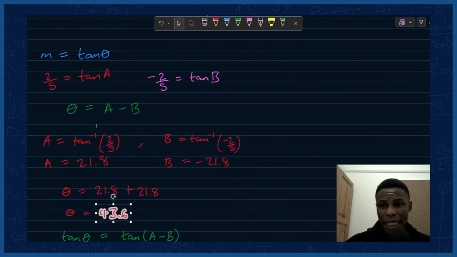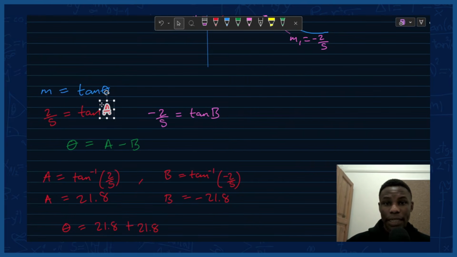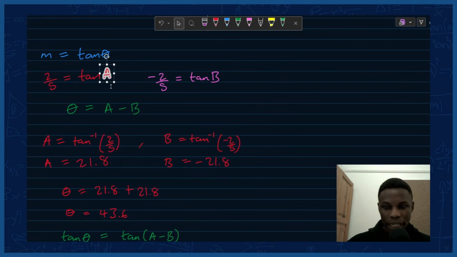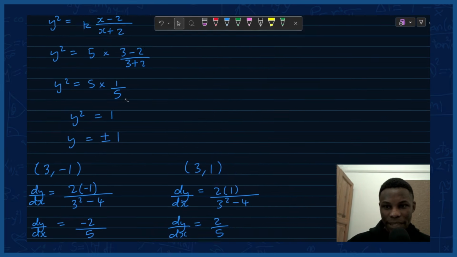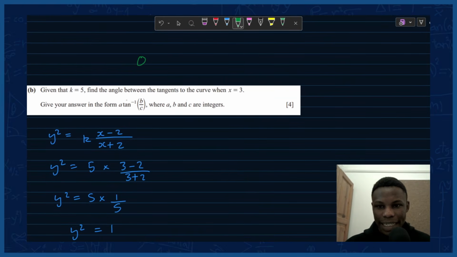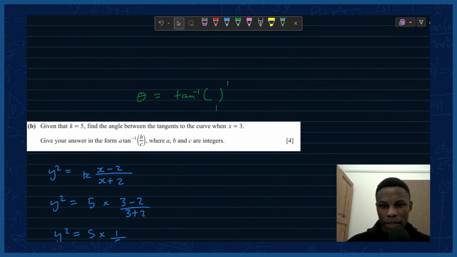So normally what I would have done is to just calculate A first and then calculate B. And then once I know the actual value of A, I know my theta is A minus B. But because they've specified that they want it in the form theta is equal to arctan of something, then we're forced to backtrack, this is just the same as tan theta.